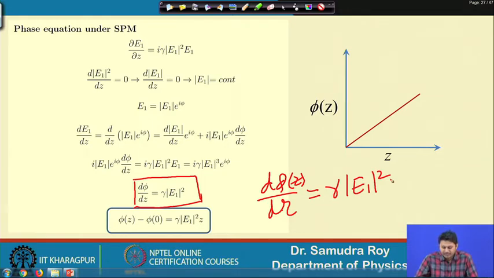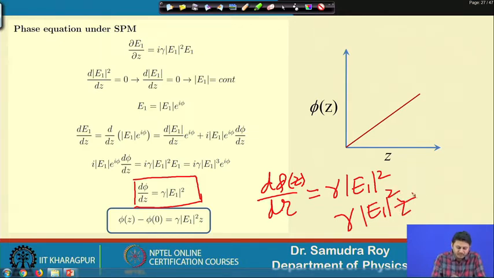Well, if I integrate these, because E1 is not a function of z, we can readily integrate this. We will find that phi, which is the phase of the electric field amplitude, is now changing linearly, and it will be a linear function of z, and the solution is simply gamma mod of E1 square z.